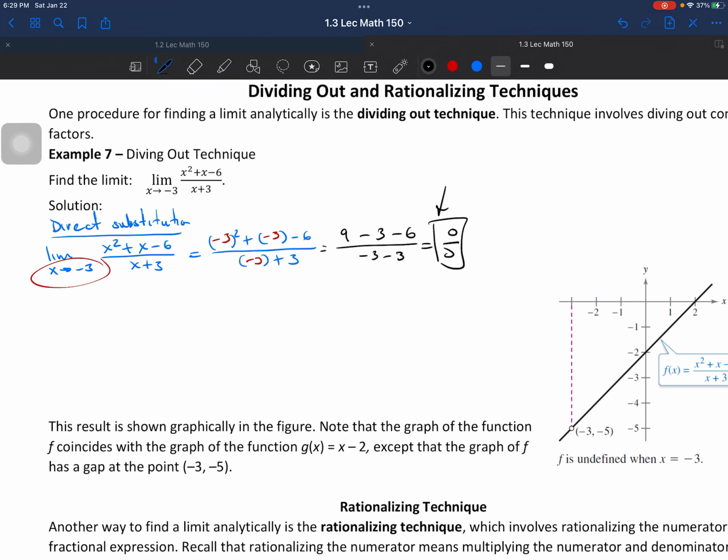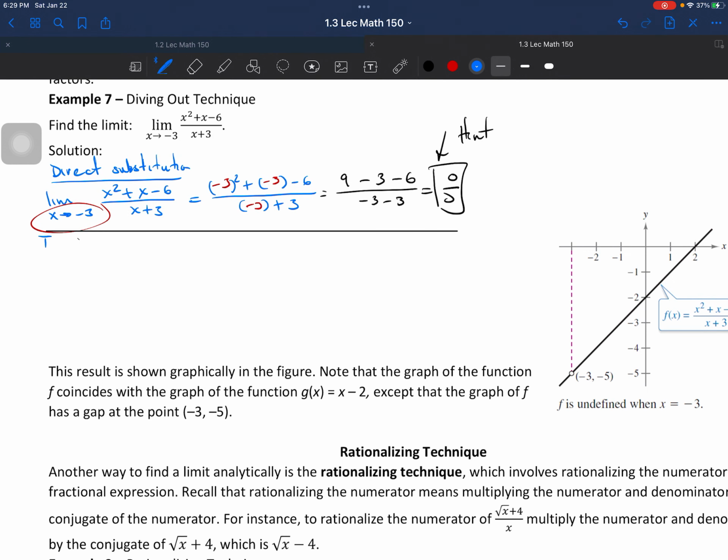Again, this is a problem, but it also gives us a hint. It means that we can try this again, but we need to simplify. In other words, divide and cancel, right? So let's try again. The limit as x approaches negative 3 of x squared plus x minus 6 over x plus 3. That means we're going to have to simplify this before we do direct substitution again.